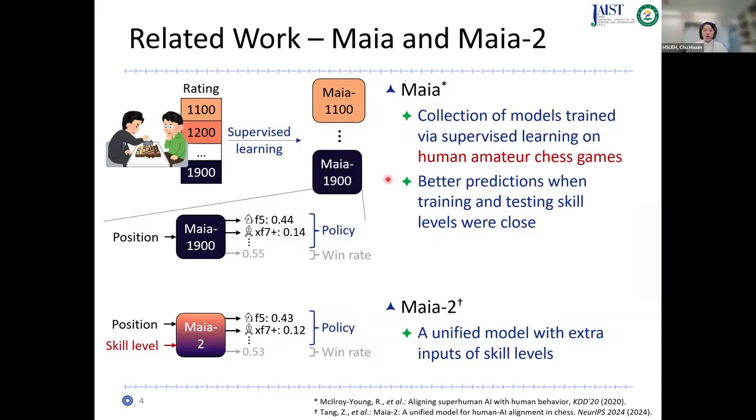In their experiments, they showed that better prediction was achieved when the training and test skill levels were close. Later, the same group proposed Maia 2. This is a unified model which takes the skill level as input and predicts the corresponding policy output and other information.